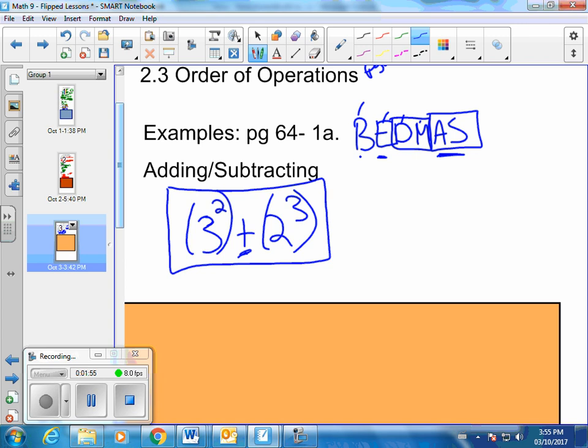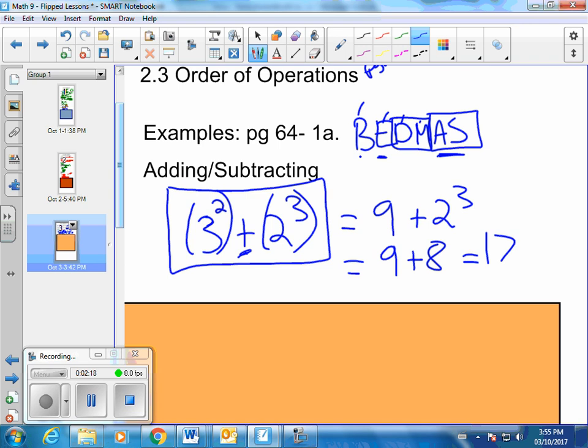So, as always, we're rewriting the whole question with one step done at a time. I go 3 times 3 for 3 squared, so I get 9 plus 2 cubed. And then I'm going to also solve 2 cubed, so I get 9 plus 8. I add those together, and I get 17.